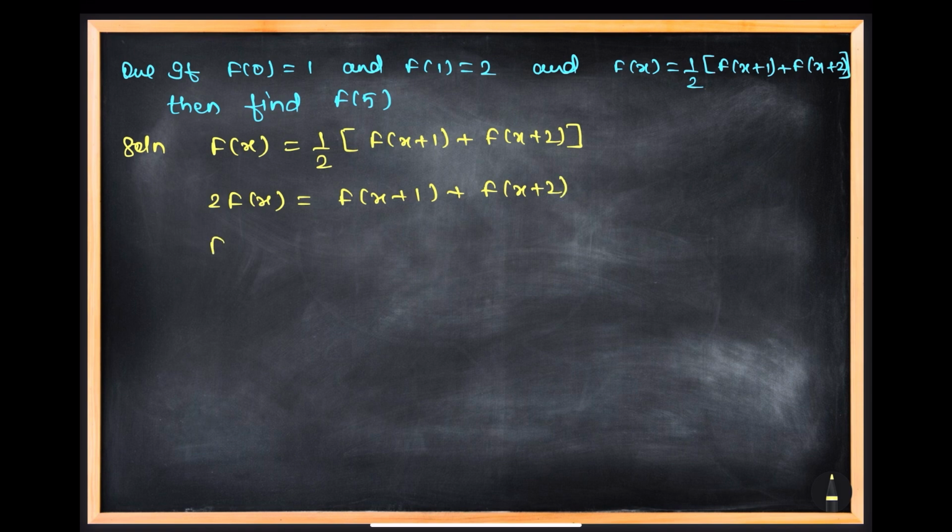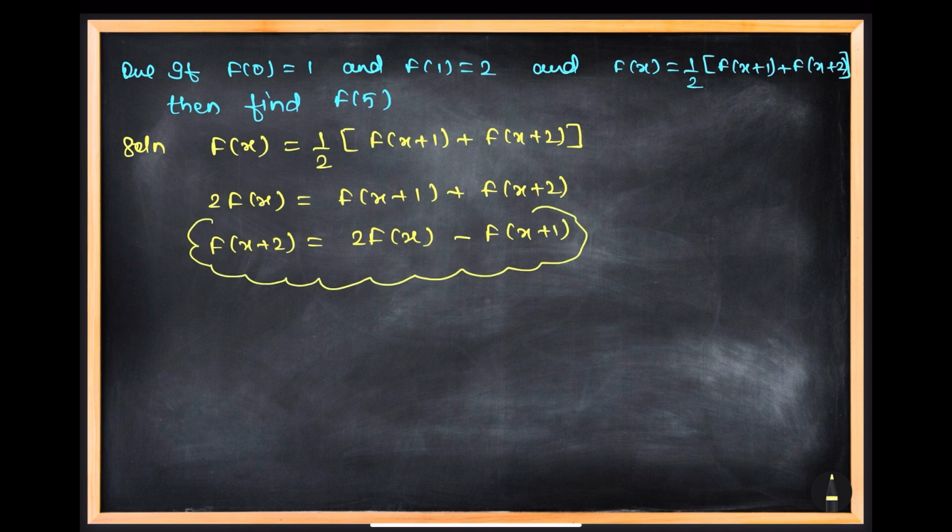Now, can I keep f of x plus 2 on one side, and the remaining thing, 2 times f of x minus f of x plus 1? Now look at this situation.